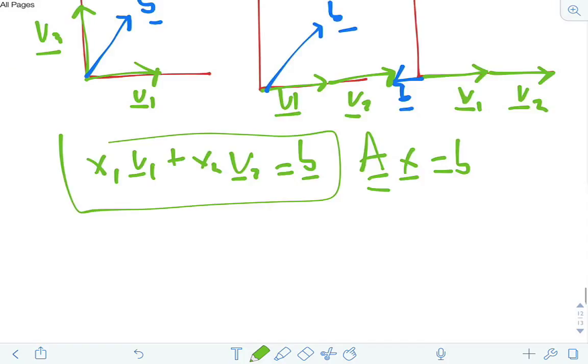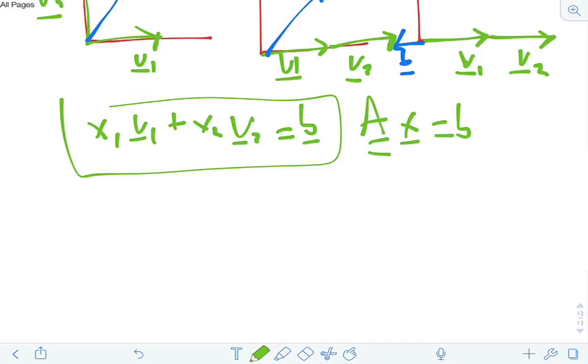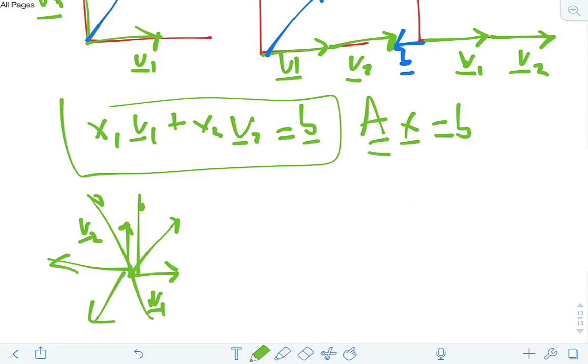In this first case, we have these two vectors like this. Now these vectors are not parallel, and we can use linear combinations of these vectors to make any vector in 2-space. I can produce any vector in 2-space using V1 and V2.